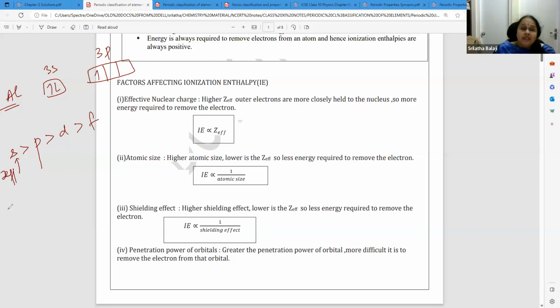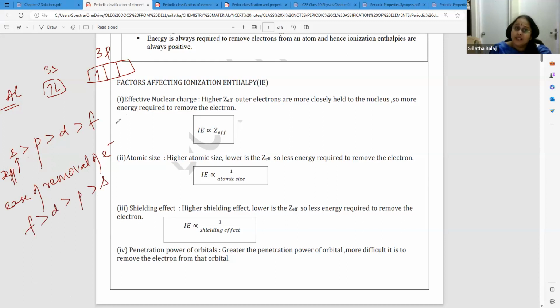So, relatively, if I put it like this, ease of removal of electron. What is the order of ease of removal of electron? Which electron is easily removed? It's a reverse order. F is greater than D, greater than P, greater than S. Am I right? Are you able to understand?